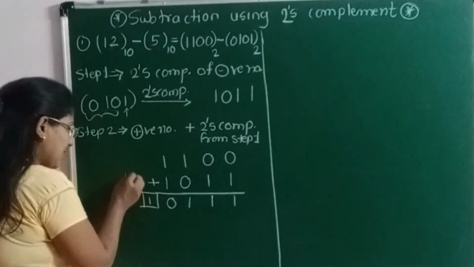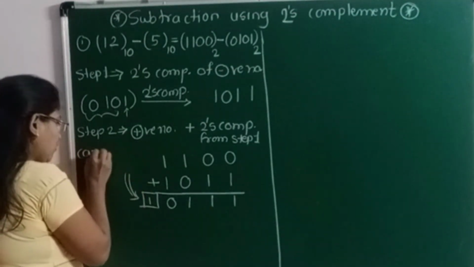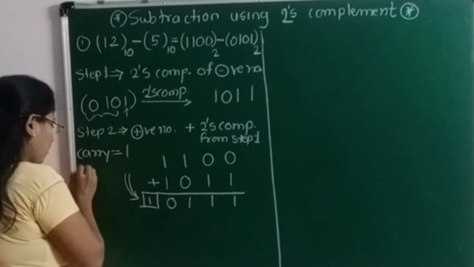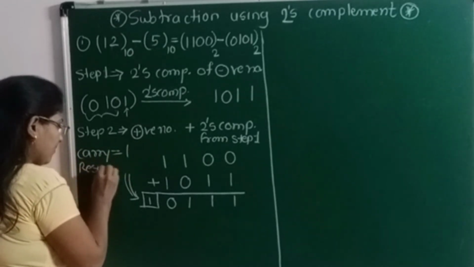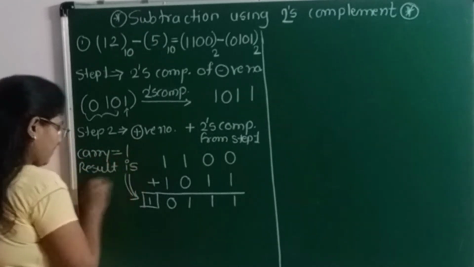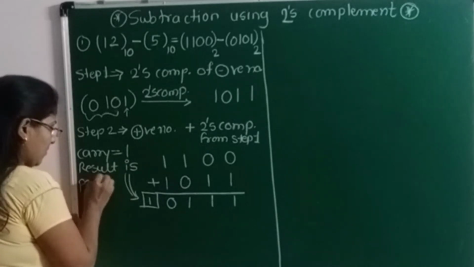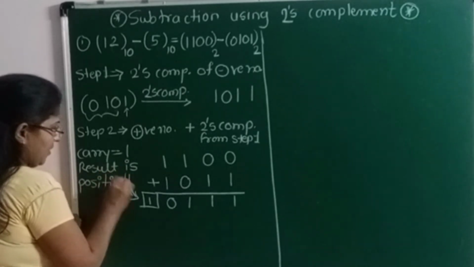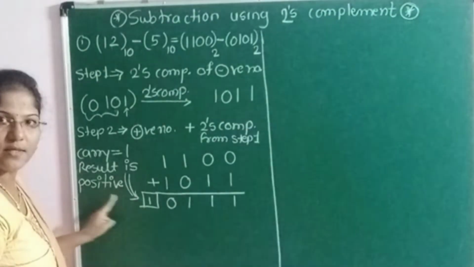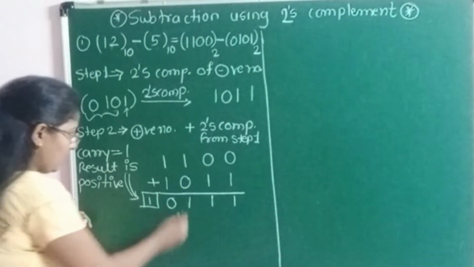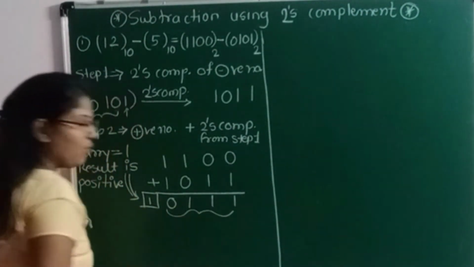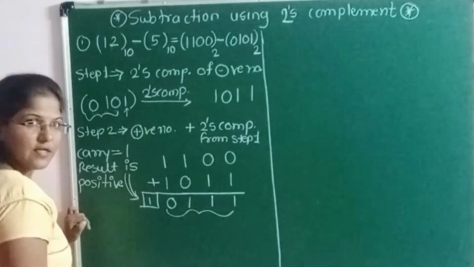As this carry is 1, the result is positive. So 0, 1, 1, 1. This is the result of subtraction.